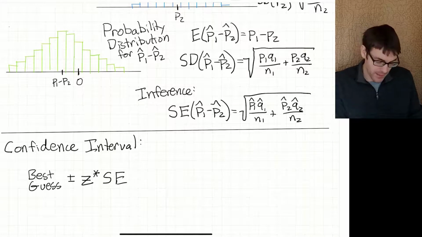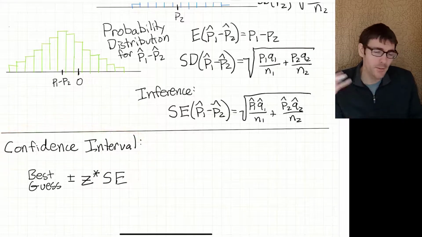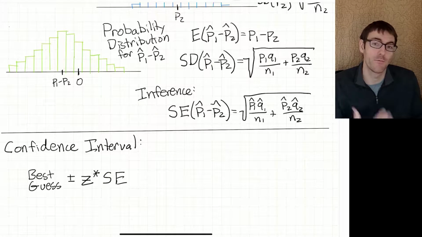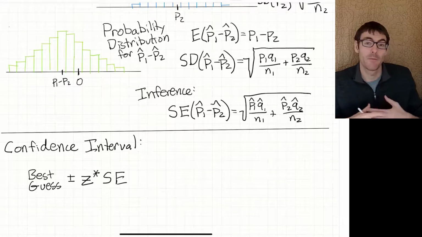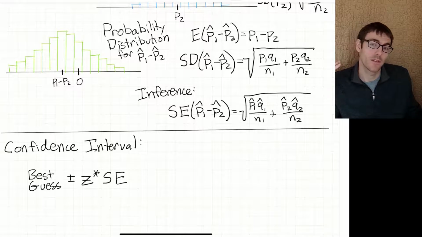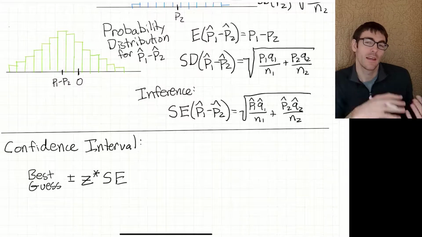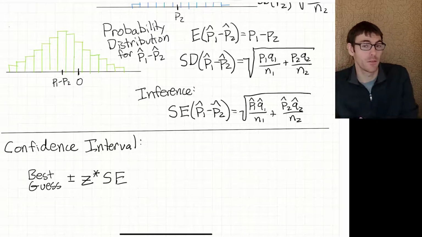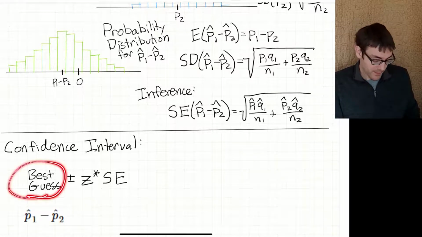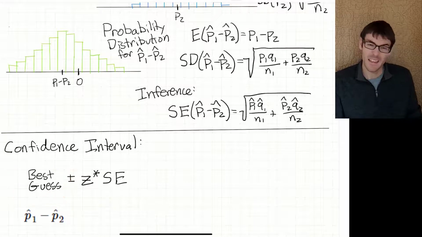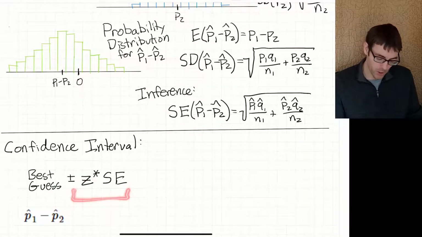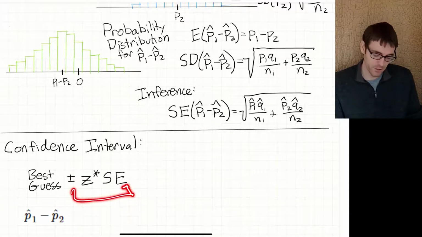So if we want to find something like a confidence interval, this is going to follow the exact same format we've been working with. Remember, the confidence interval is our best guess for what the population is doing given information about the sample. So we think that it's going to be, probably roughly the same as the sample, give or take some amount. So the margin of error is everything after the plus or minus.